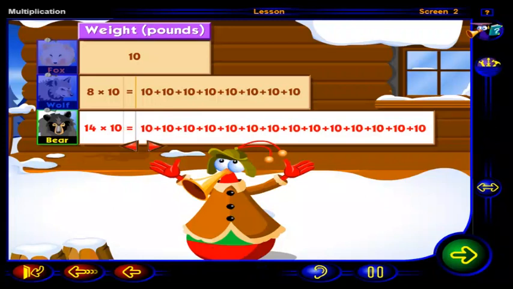That's right. This is the sum of 14 tens.